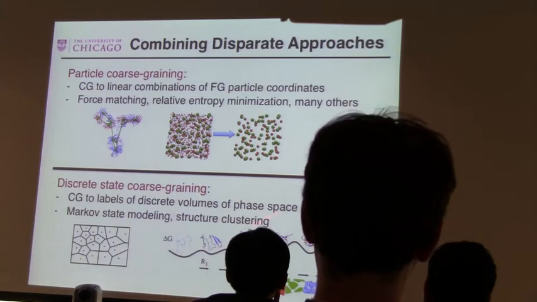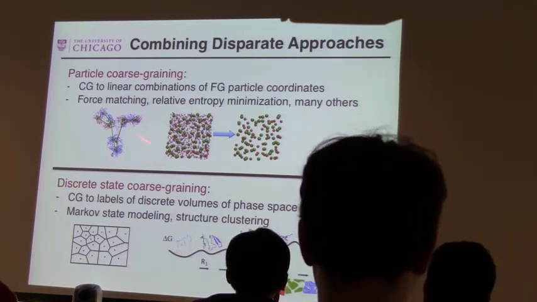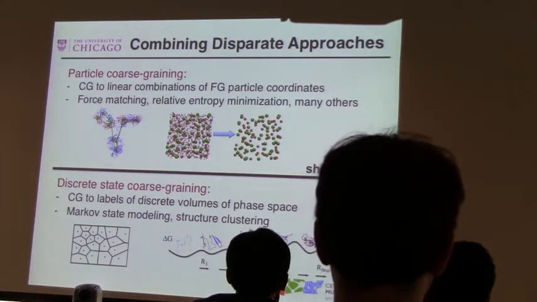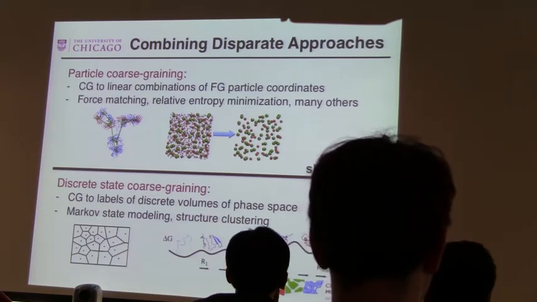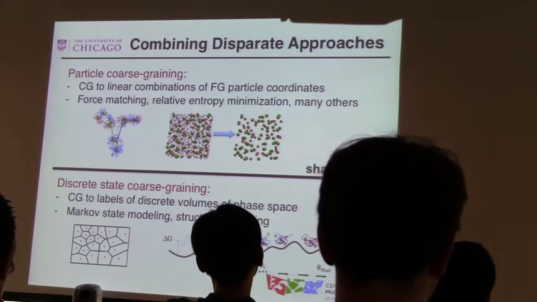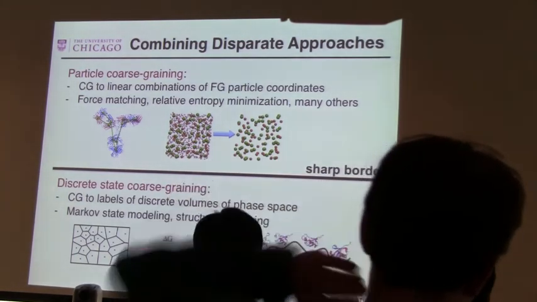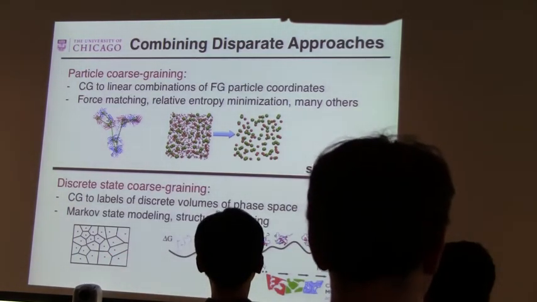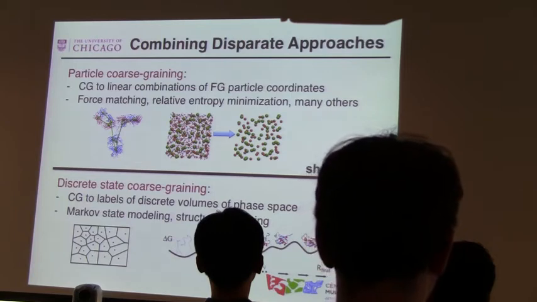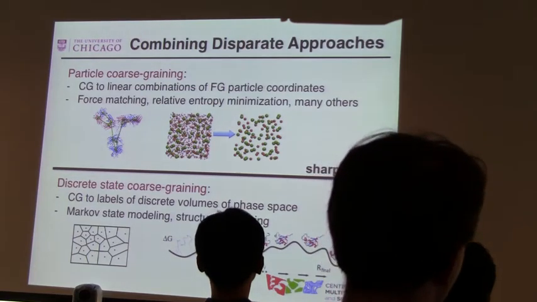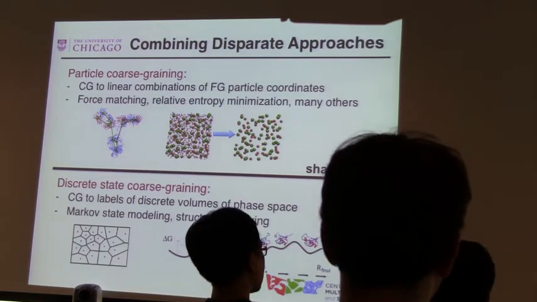So we're blending 2 things here. So the particle-based coarse grain is what I've been telling you about, right? Of this simplifying the structures of the systems into things that look like new particles. In a whole sort of another area of work in multiscale modeling is what we call discrete state or network theory or Markov state theory, where you imagine that your landscape has states, okay?